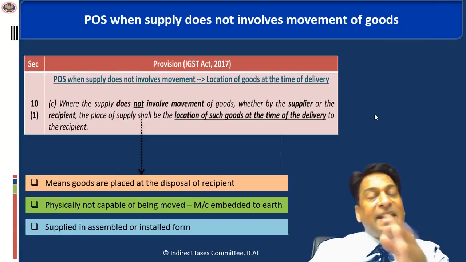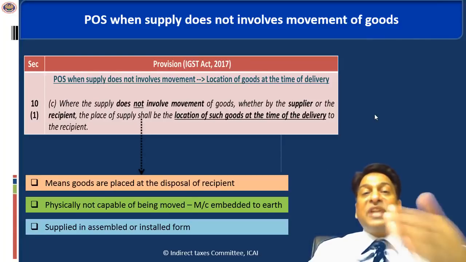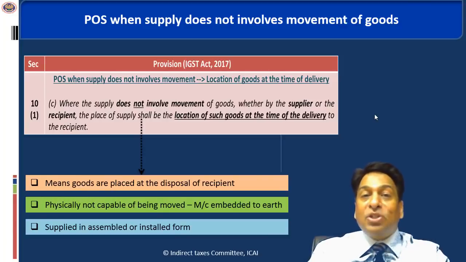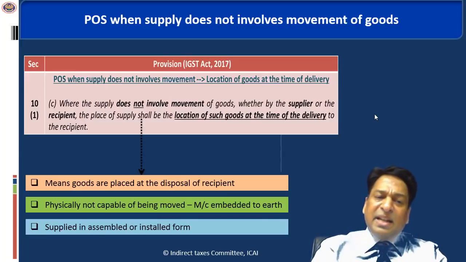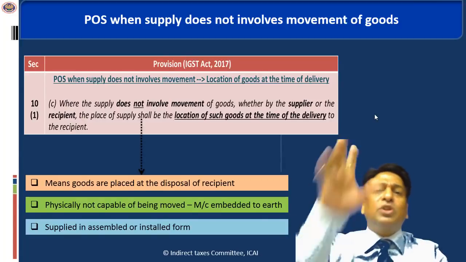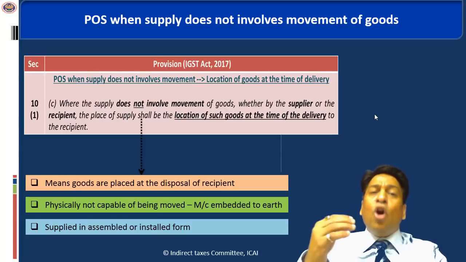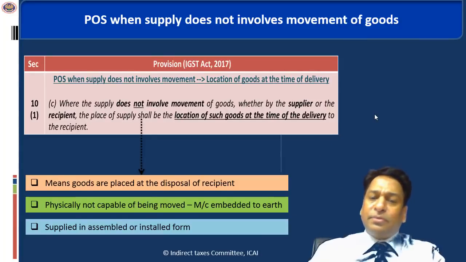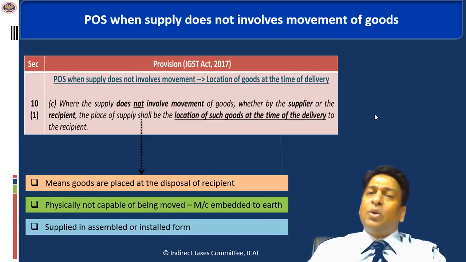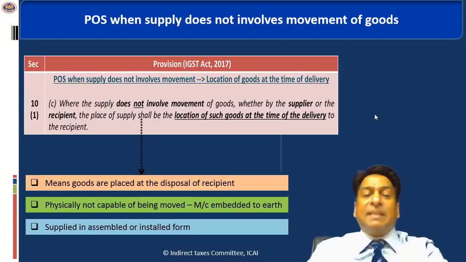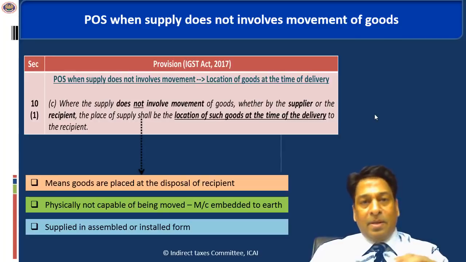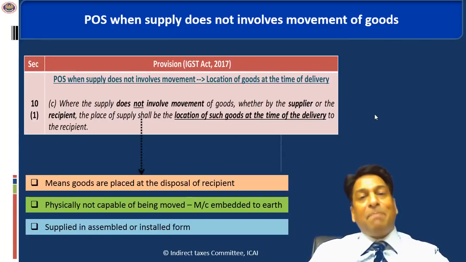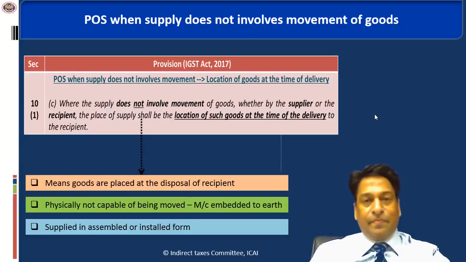So what all cases can come and be covered in this 10(1)(c), where supply does not involve movement of goods? Let's start with certain goods that are placed at the disposal of the recipient or are physically not capable of being moved, such as a machine embedded in the earth, or supplied in assembled or installed form. Let's take an example so clarity will come. If I'm a supplier, I have my building, and within this building I have certain furniture and fixtures.